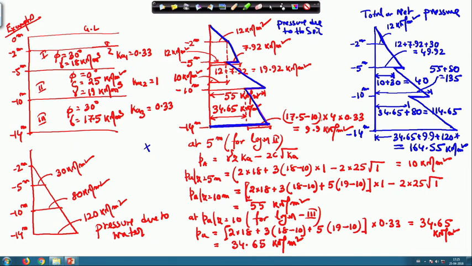Now, from this diagram again you can determine the P value and the point of application. I am not doing that because I have done the same thing in the previous problem. You can try this problem and determine the P and the point of application.